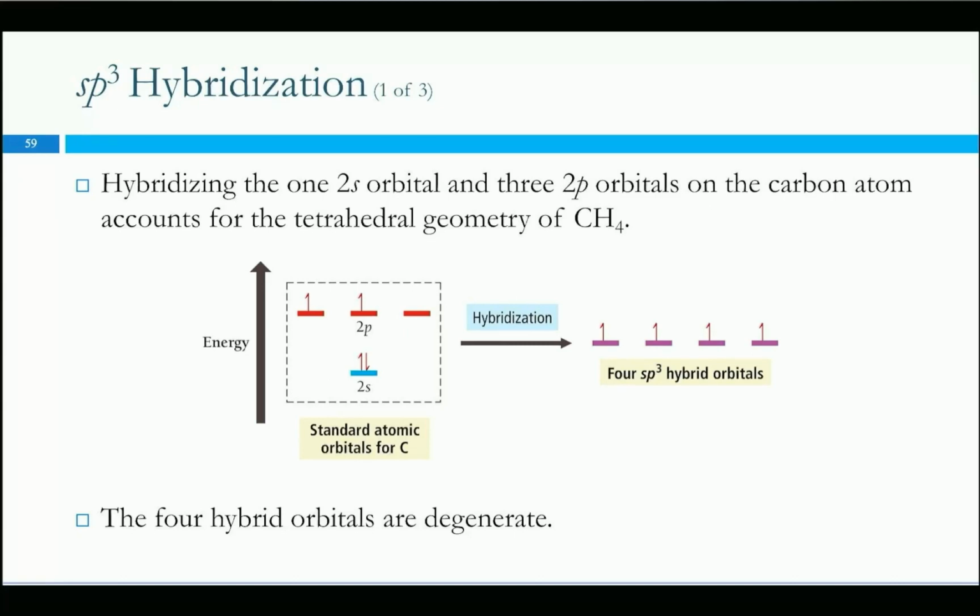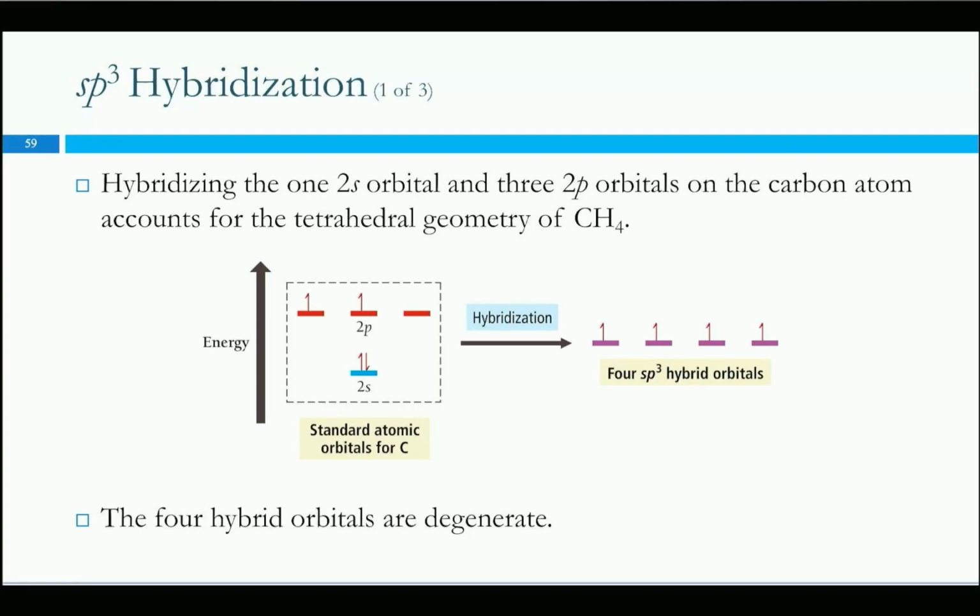But when you hybridize the orbitals, it takes the 2s and the 2p orbitals and merges them all together, and you get orbitals that are a little bit of both. It also makes all of the orbitals the same energy, which we would say the four hybrid orbitals are degenerate, just meaning they have the same energy.